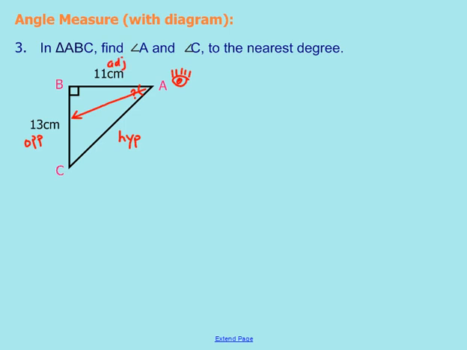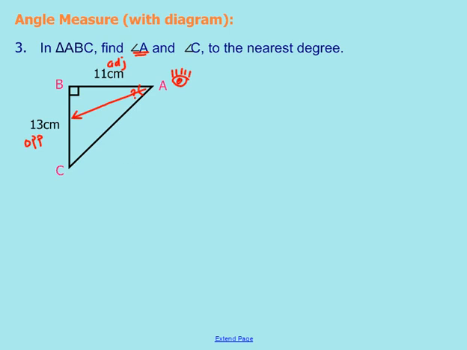Okay, because I'm looking for angle A right now. All right, now that I have all the sides labeled, I'm noticing that one of them is pretty useless. It doesn't have a number with it. Opposite is 13, adjacent is 11, but hypotenuse has nothing there. So we don't even need it. Let's just erase that. It's useless.